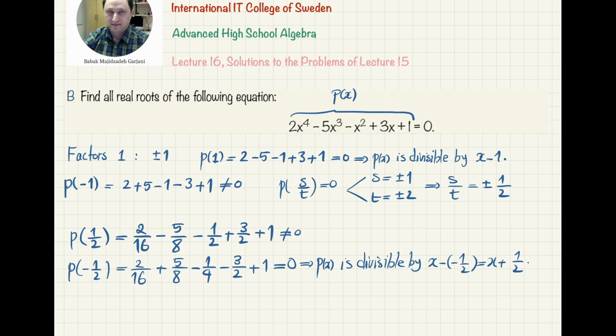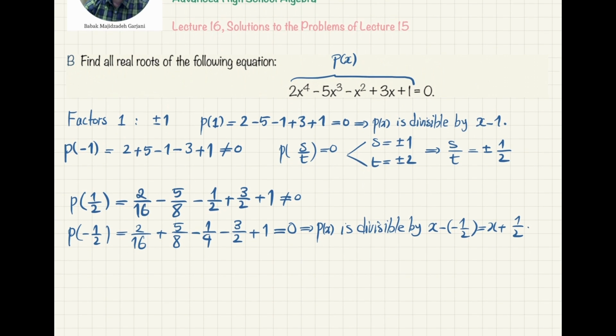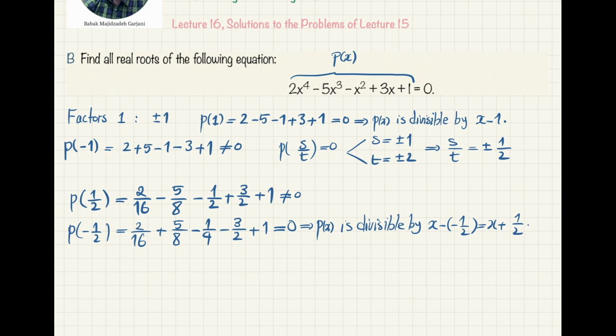So what we have so far, we have that p of x is divisible by x minus 1. We know that p of x is divisible by x plus 1/2. And because the only common factor between x minus 1 and x plus 1/2 is 1, it means that p of x is also divisible by the product.